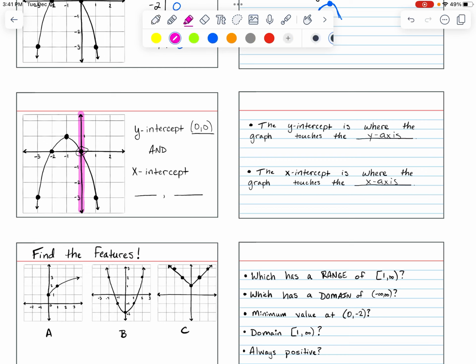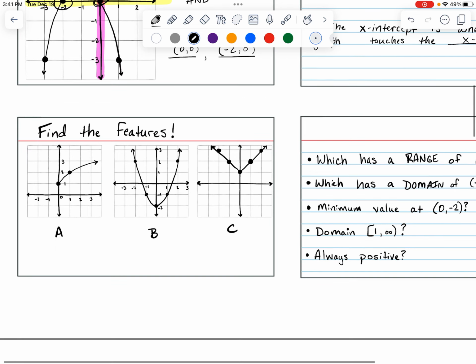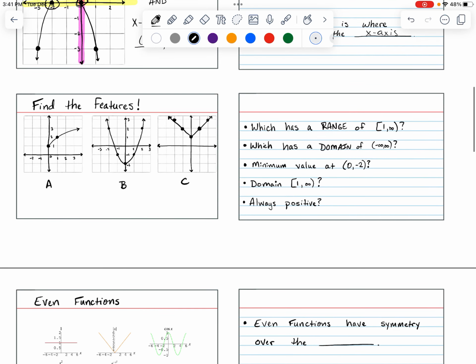And the x-intercept is where the graph touches the x-axis. Here the y-intercept 0, 0 just happens to also be one of the x-intercepts, and our other x-intercept is the point -2, 0.